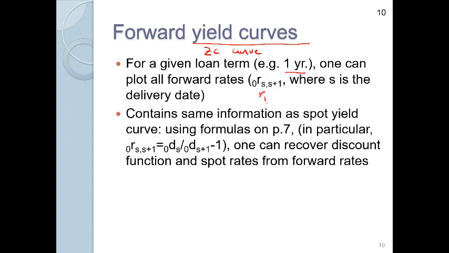So it would be R1,2, but since it's a curve, you can have as well R1,3, R1,5, and so on. It contains the same information as the spot yield curve, because the only thing that we're doing is using that formula that we derived before, which depends on our discount factors, the ones gotten from the zero coupon curve. So it has exactly the same information.